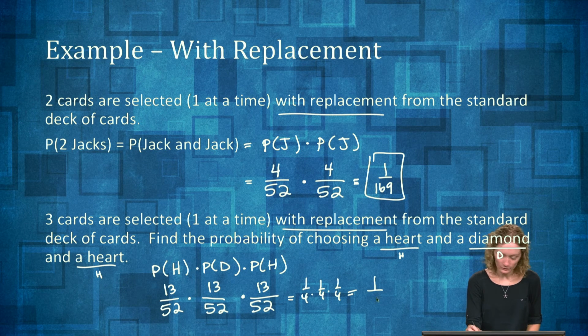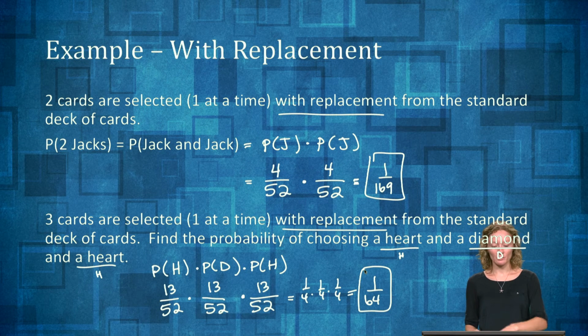So 1 over 64. 1 out of 64 times when you pulled 3 cards one at a time, would you expect to get a heart and then a diamond and then a heart? That's what this says. In these problems, the denominators typically end up blowing up because it becomes harder and harder for these things to occur. But that's how you would find it.